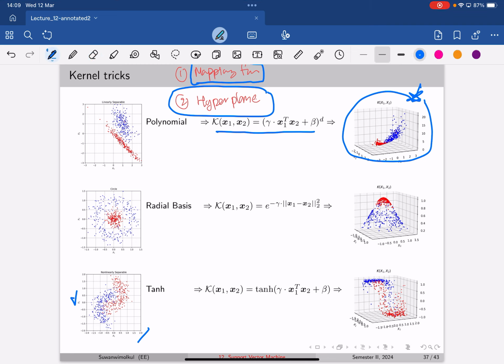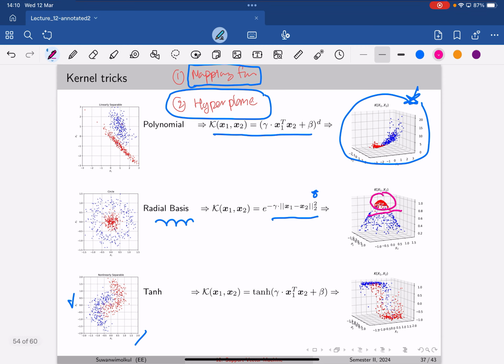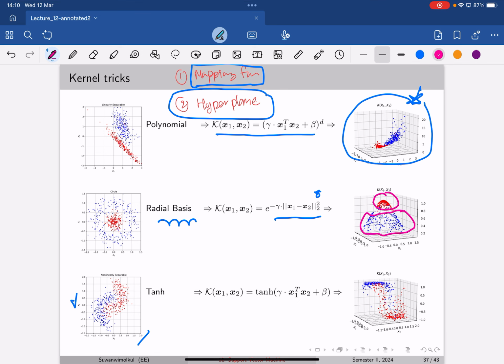If you map the data with a radial basis function, which is like an exponential function, you can then map the red points to those points that will float above, and the blue points would float below. That means you can start cutting it using a hyperplane that would cut just like this. So that is the two mechanisms of SVM.